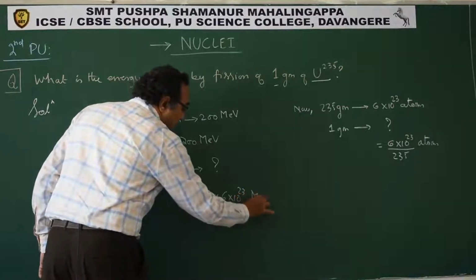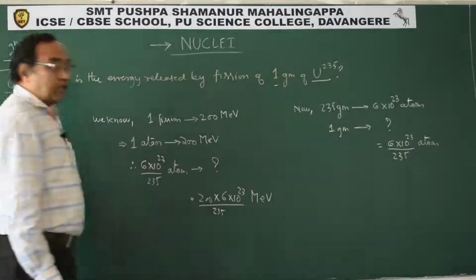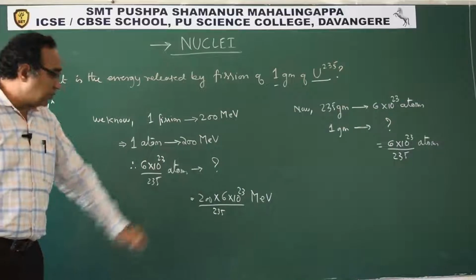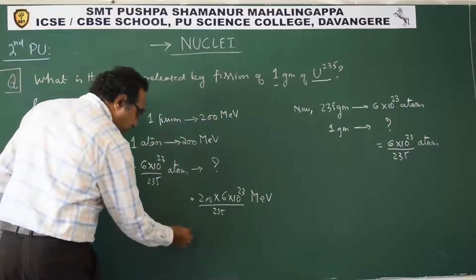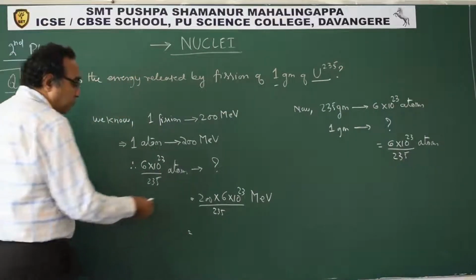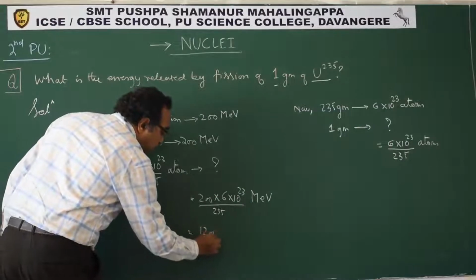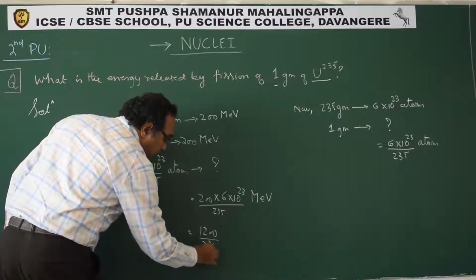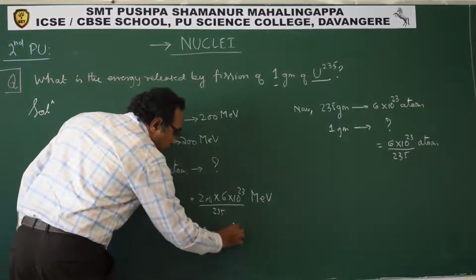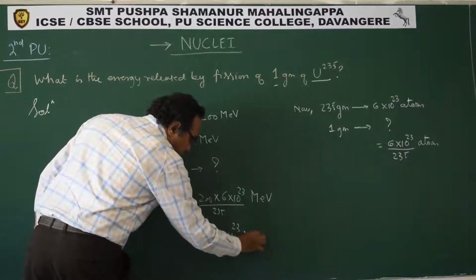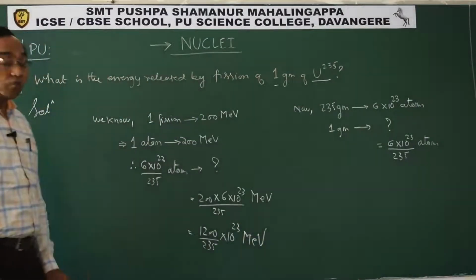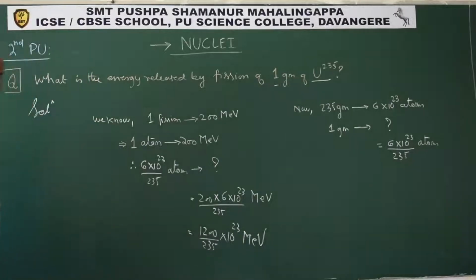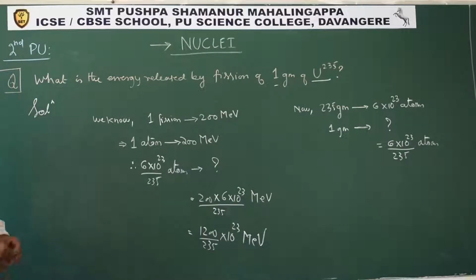235 million electron volts. If we simplify this expression, we get 1200 upon 235 into 10 power 23 million electron volts. So this comes close to 5 into 10 power 23.